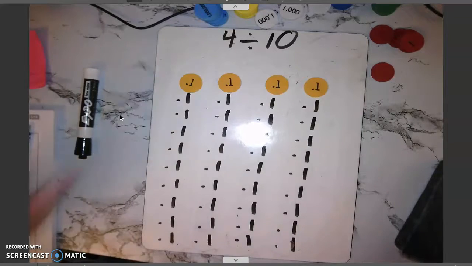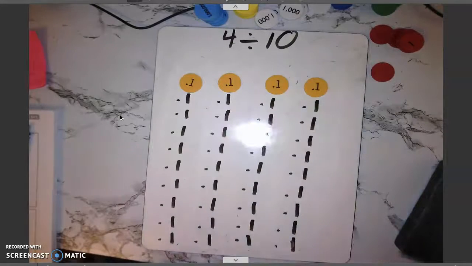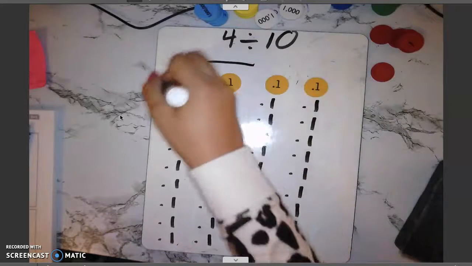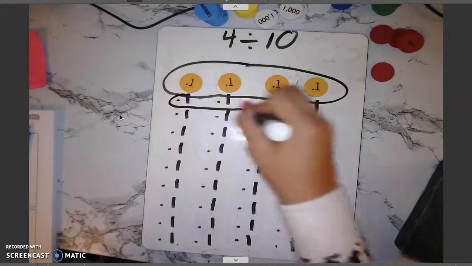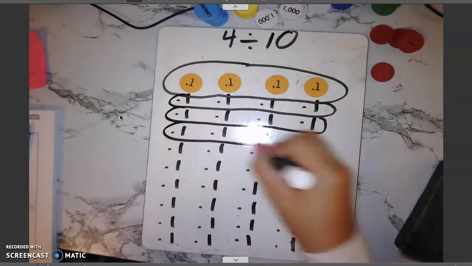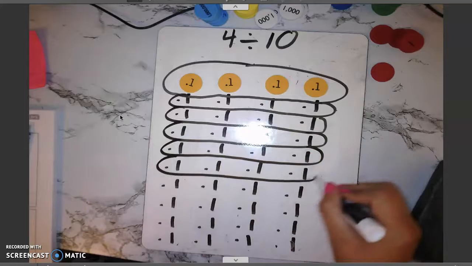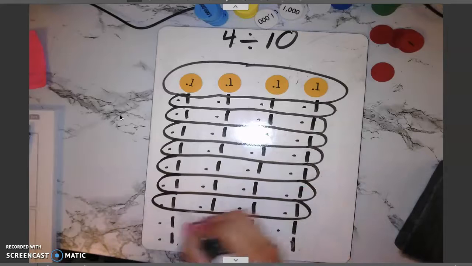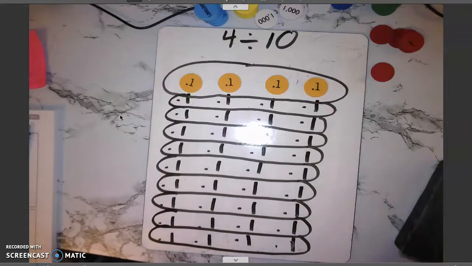Now, I can't make 10 groups by going up and down like I did in the last problem. But if I go across here, I can make 1 group, 2 groups, 3 groups, 4 groups, 5 groups, 6 groups, 7 groups, 8 groups, 9 groups, 10 groups.